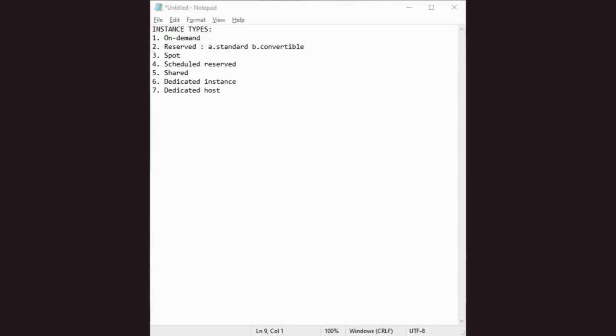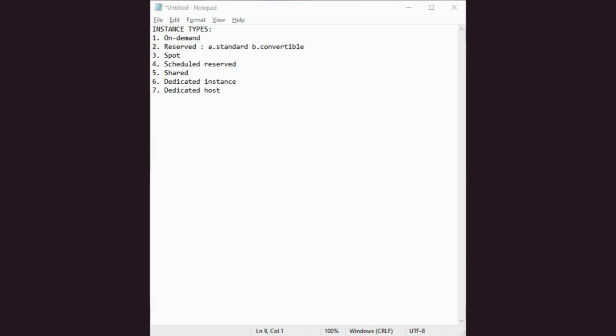This is useful only when you know a particular project is going to require the instance only between that time, and beyond that it is not going to work. Then you can obviously opt for this kind of instances. The next one is the shared instance.